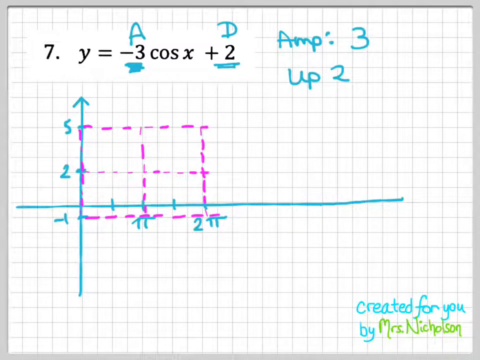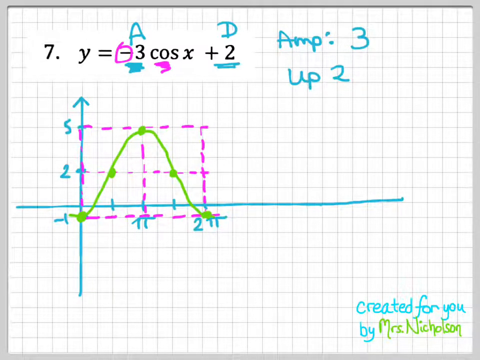Now I'm going to go back and look and notice that I'm graphing cosine. This is a cosine function, but remember we had that negative. Normally, when I graph cosine, it starts at the top of the window pane, but since there's a negative there, we're going to start at the bottom. And we're going to cross 0 in the middle here, hit our maximum at the middle of the window pane, 0, and then back to the minimum.